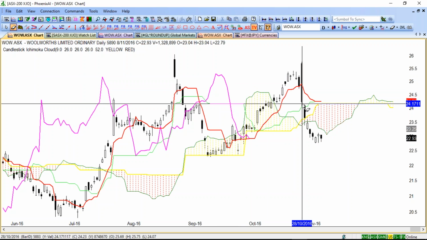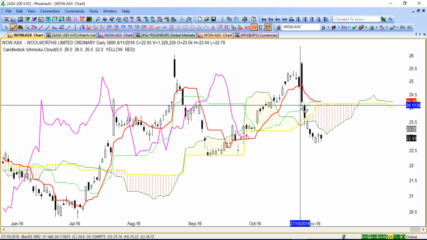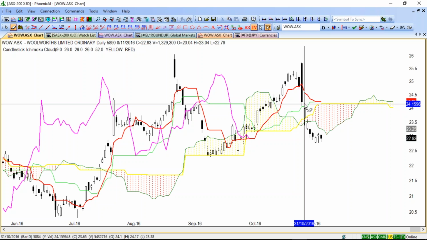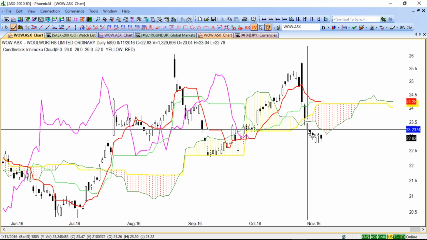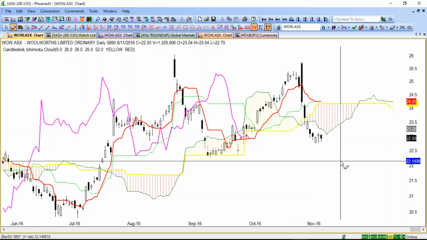Since then we've seen support ignored on both the Tenkan-sen and the Kijun-sen line. We've seen support ignored on the cloud, and the price has fallen below the daily cloud here. You need evidence down here that there is some form of support.